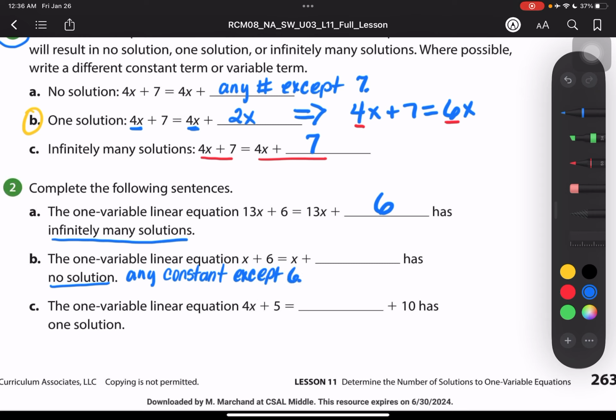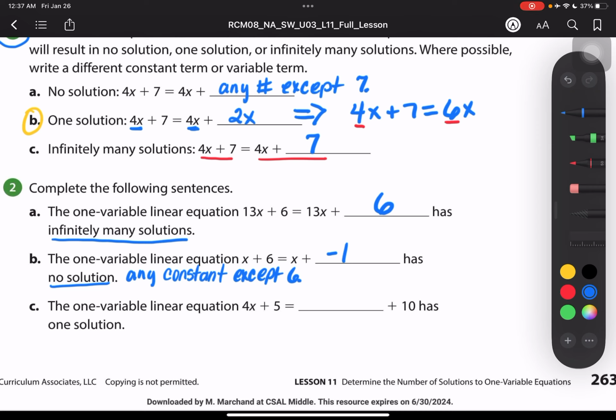Okay, so I'm just going to put a negative 1. It could be any number except 6. Okay, so as long as you have any number in that blank for 2b except the number 6, your answer is correct.